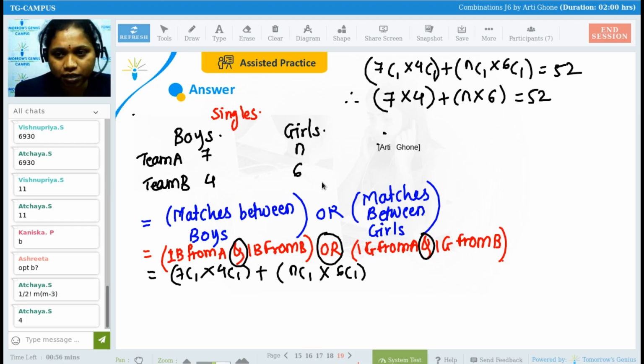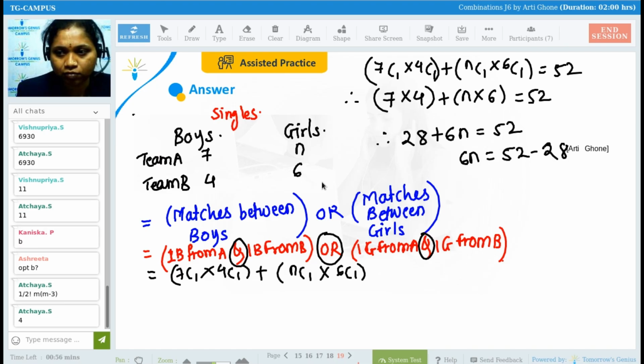And if you could solve this one, now solving is the next part. So 52 minus 28 is producing 24.